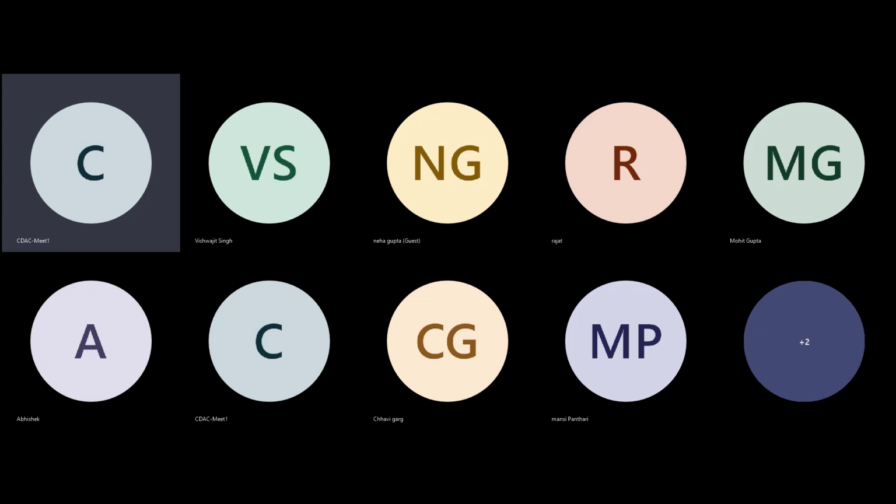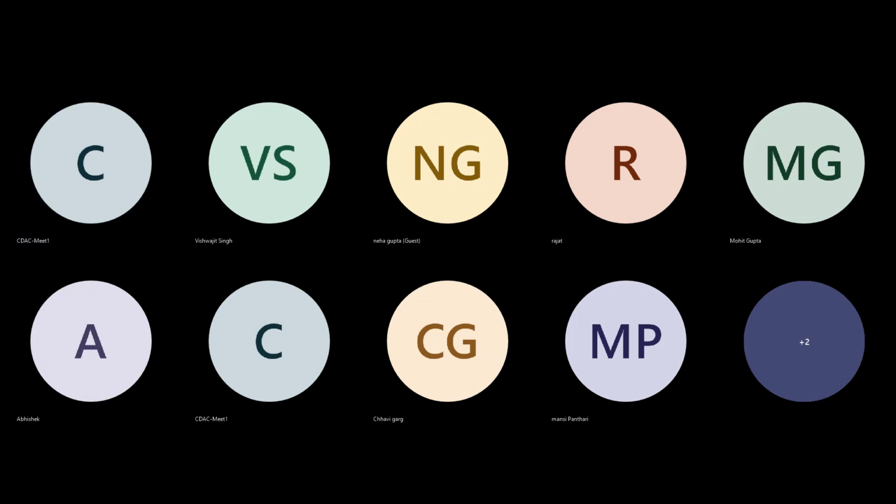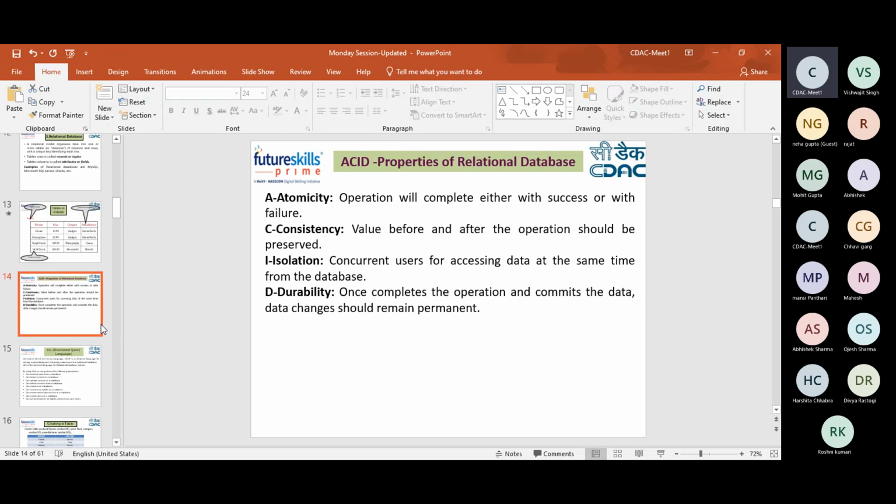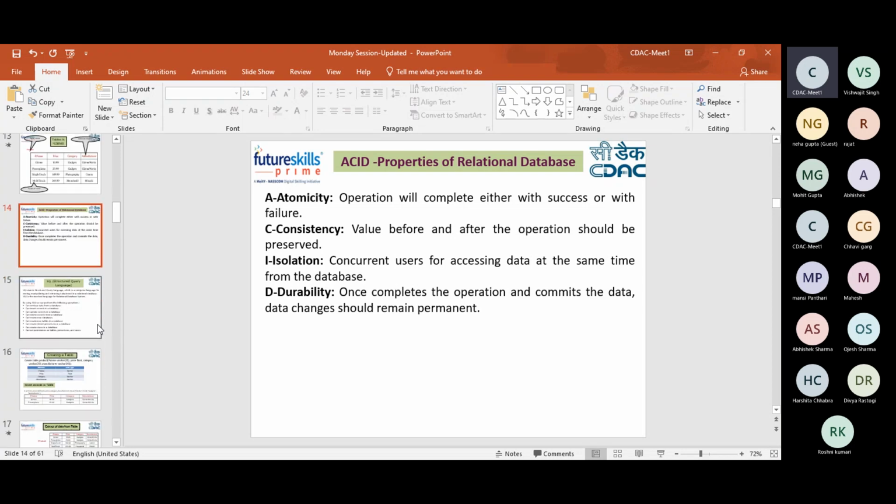Now let's start the session. In yesterday's session, we covered a few things about data, the database model, the types of database models that we use in real time, the characteristics of a few data models and databases, their different approaches, and the ACID properties of a relational database.